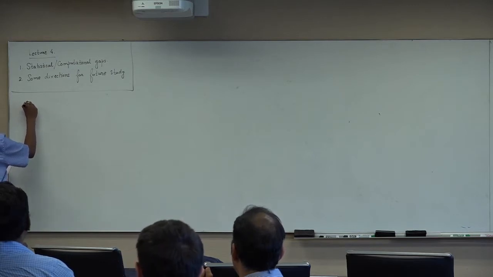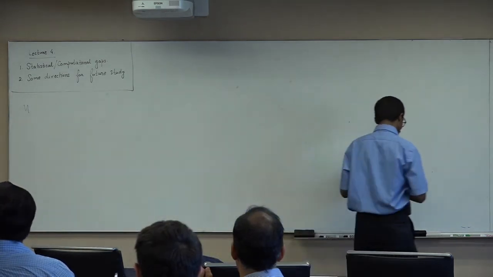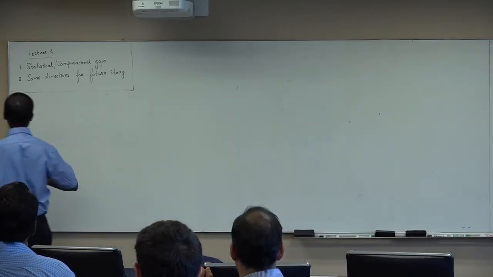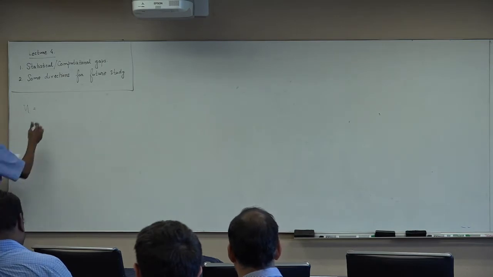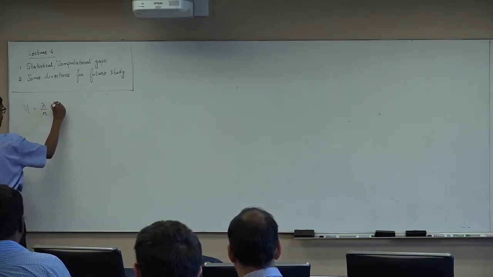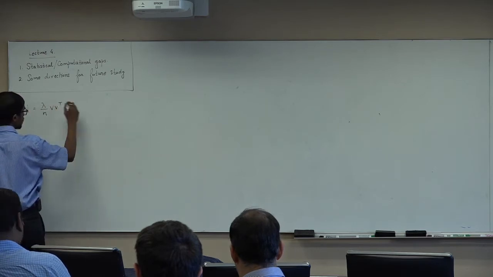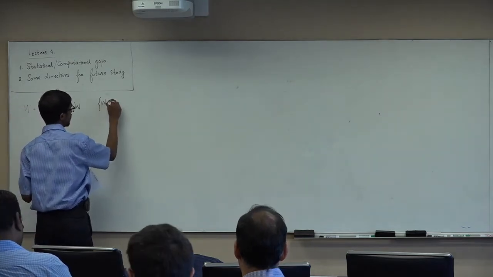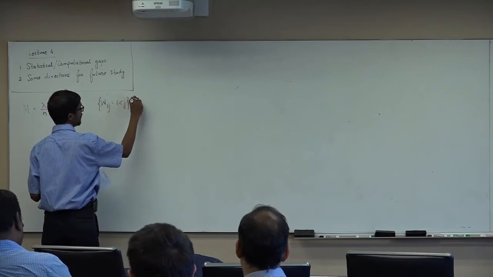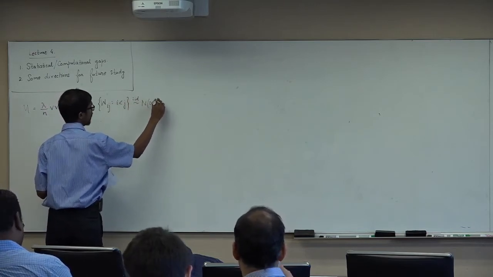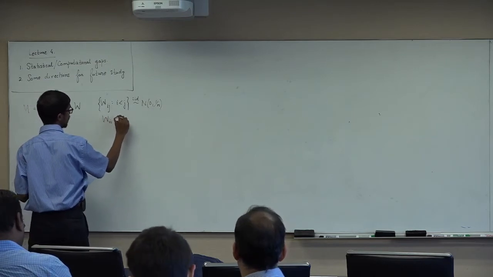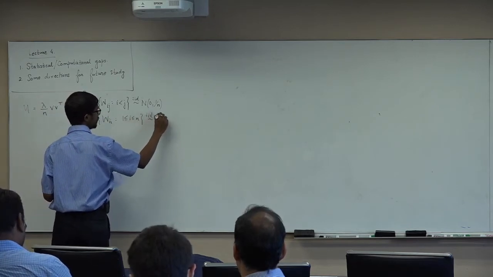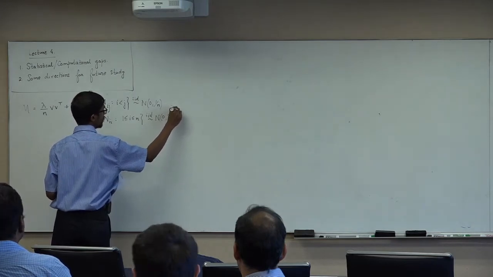So I observe some matrix M, which is lambda over n V V transpose plus W. W again is symmetric Gaussian noise, so W_ij for i less than j are IID normal 0, 1 over n, and W_ii are IID normal 0, 2 over n, and everything here is independent.